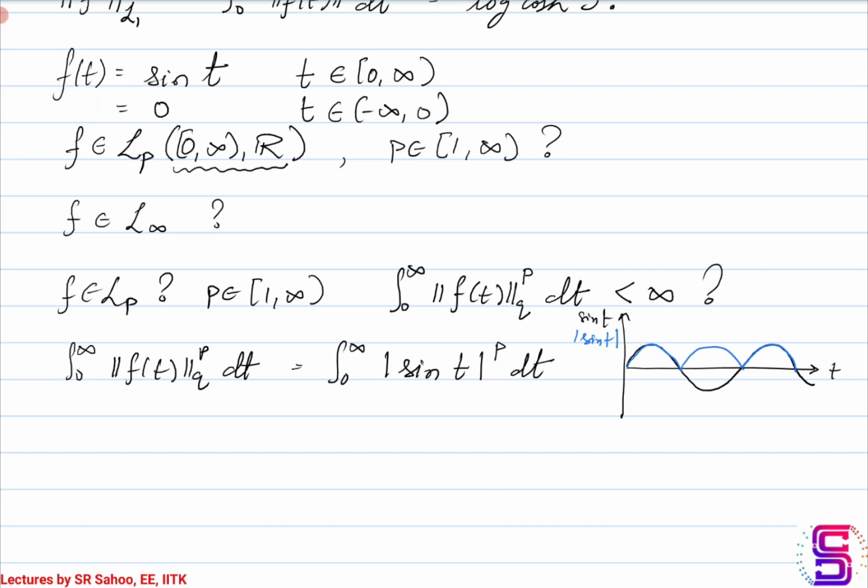For some value of p, what you see is the integration essentially tells you the total area under the curve over the length 0 to infinity. So now if p is between 1 and infinity, the total area under the curve would not be less than infinity.